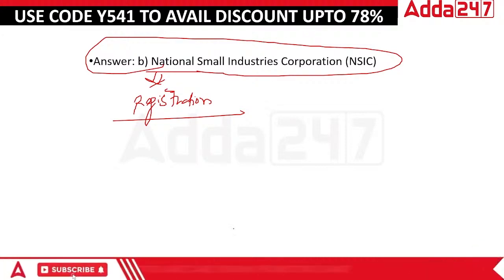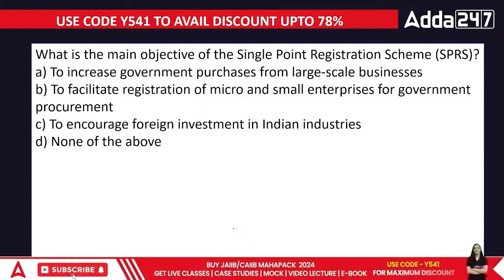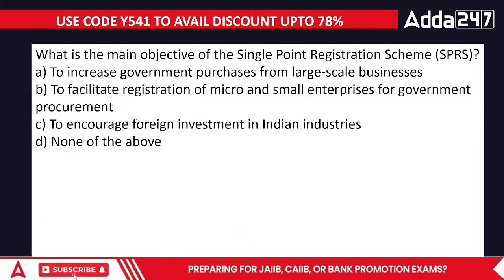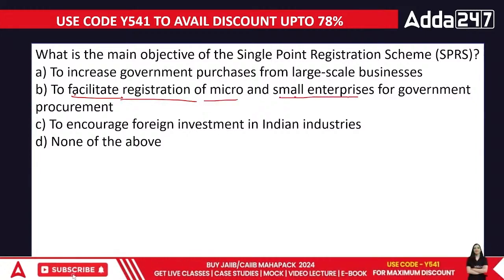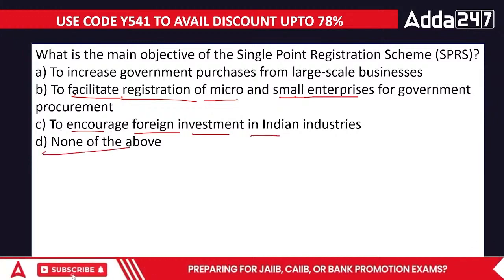Okay, next point. What is the main objective of the single point registration scheme, everyone? SPRS: to increase government purchase from large scale business, to facilitate registration of micro and small enterprises for government procurement, to encourage foreign investment in Indian industries, or none of the above.